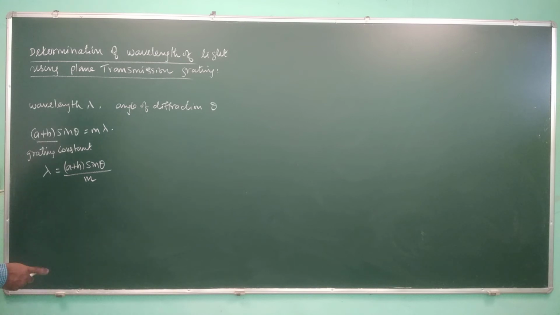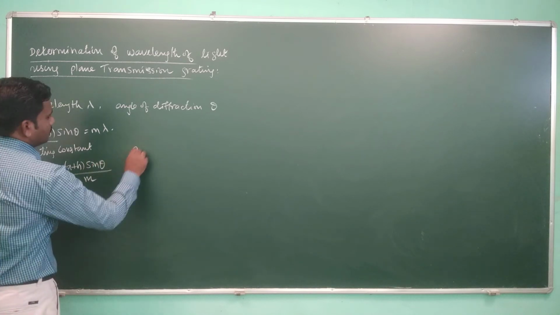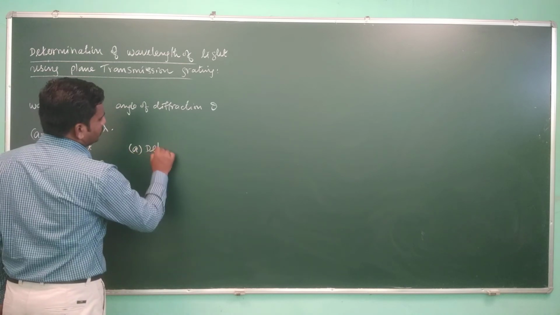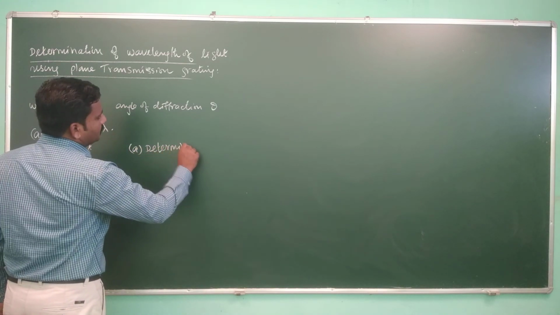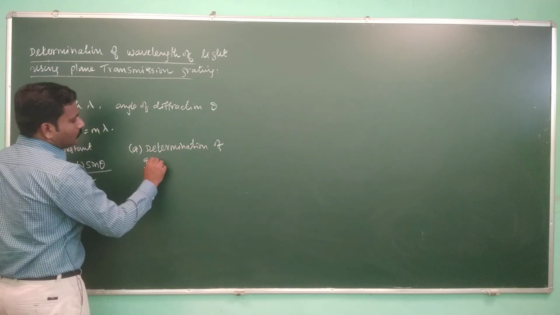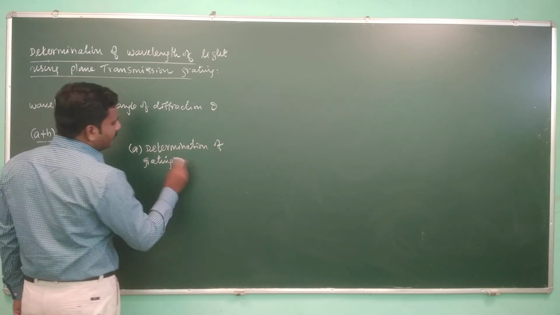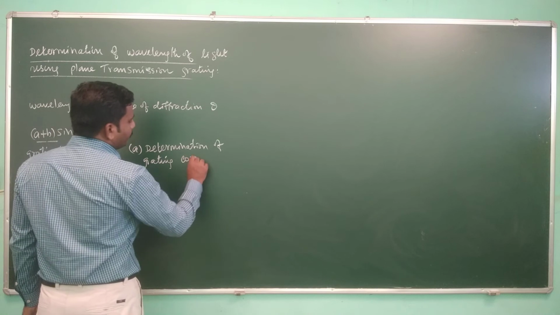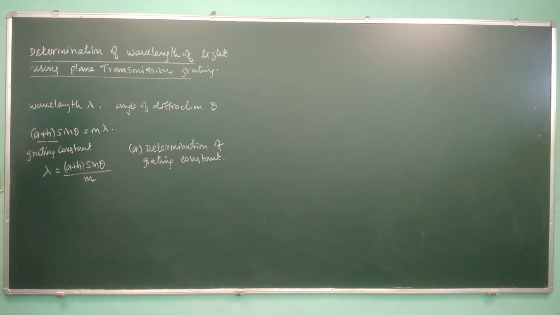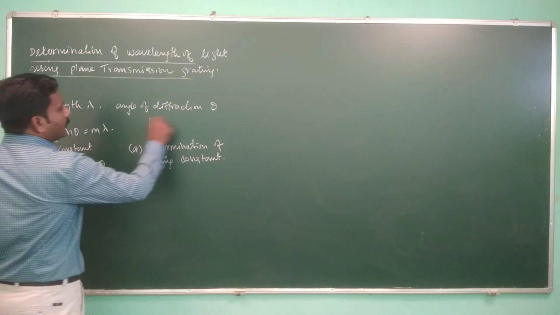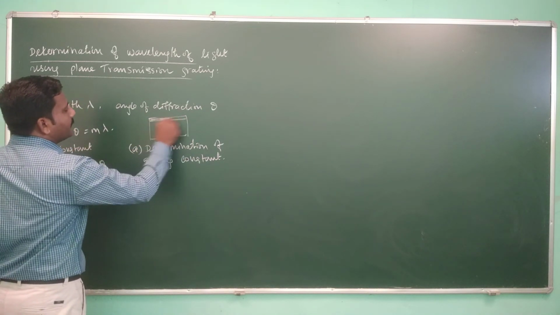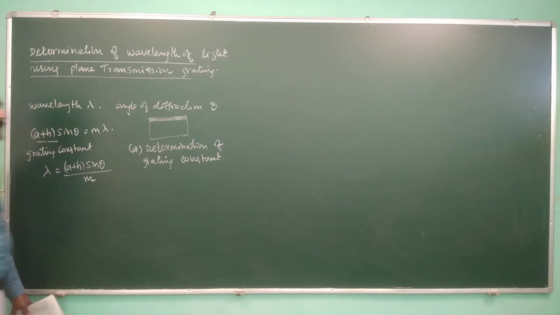First one is the determination of the grating element. How to calculate the value of the grating constant? Generally, in every grating, when you look at the top of the grating, certain parameters are given by the manufacturer.